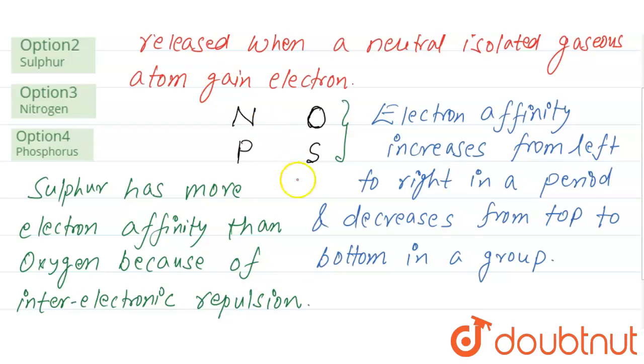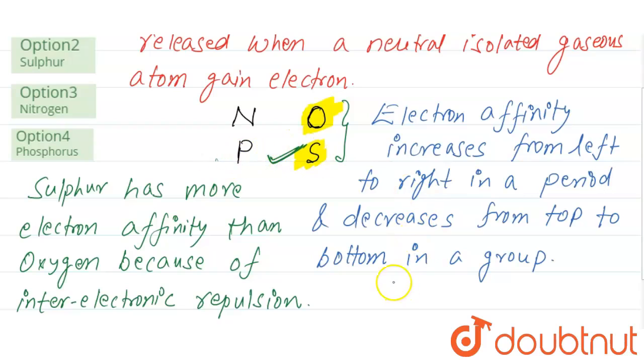As the size of the oxygen is very less, the inter-electronic repulsion is very much high as compared to sulfur. Thus the energy released out of oxygen and sulfur, in sulfur it is more.